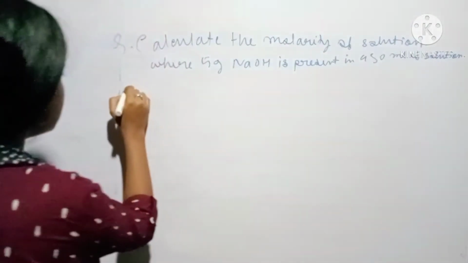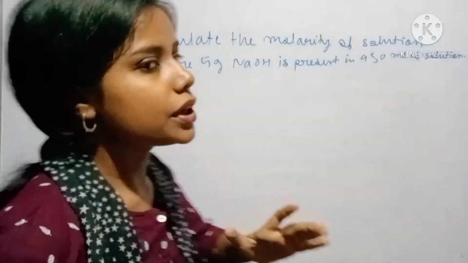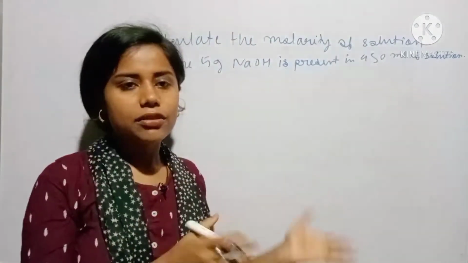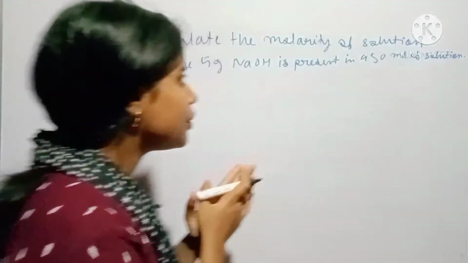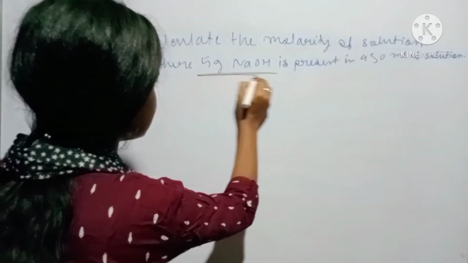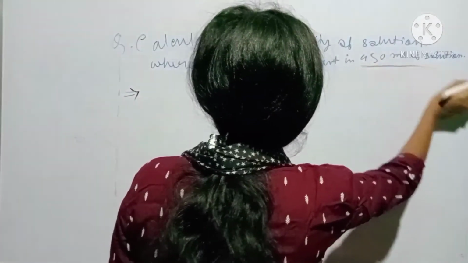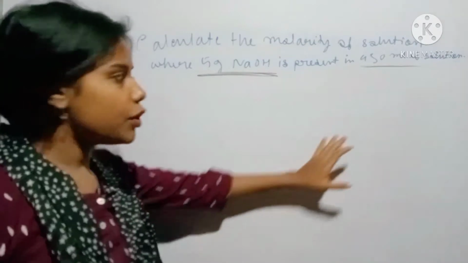Okay, so here, first of all, whenever you are going to solve a question, just see what is given. Here 5 gram sodium hydroxide is given, and the solution volume is given.